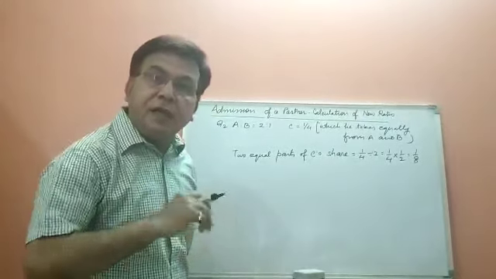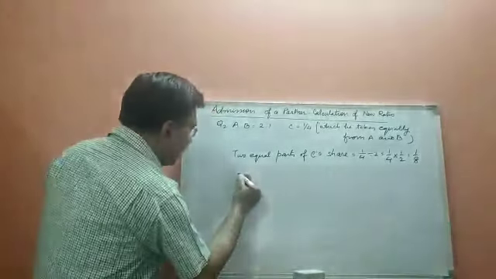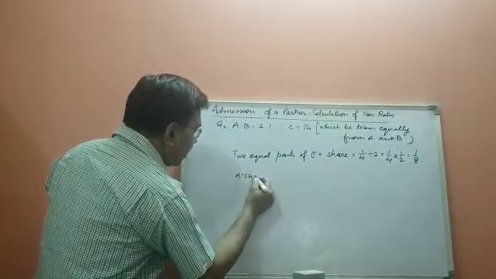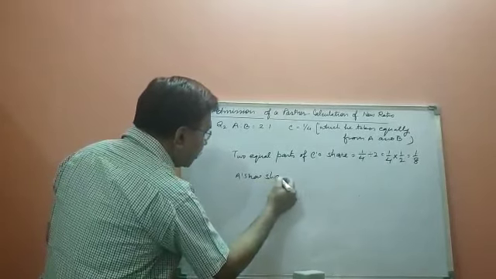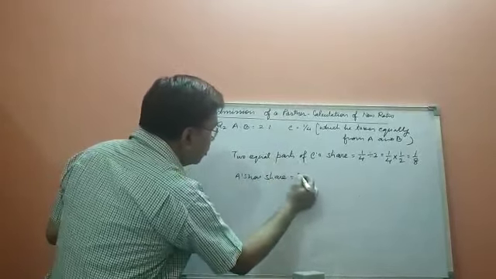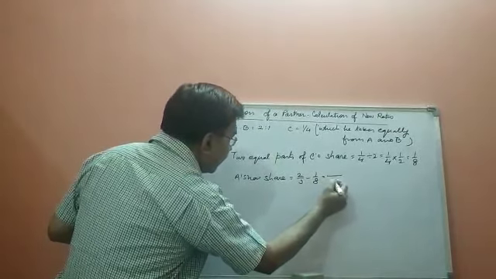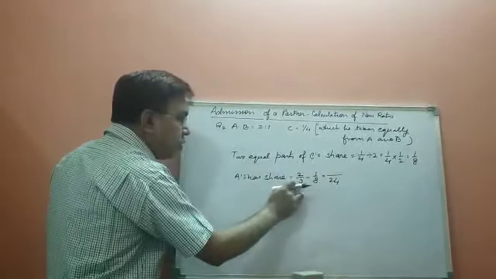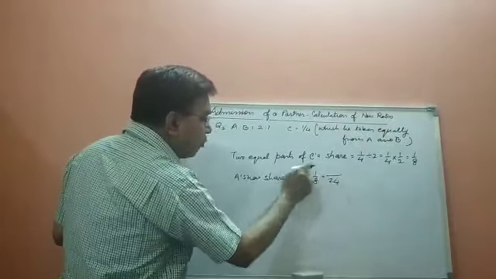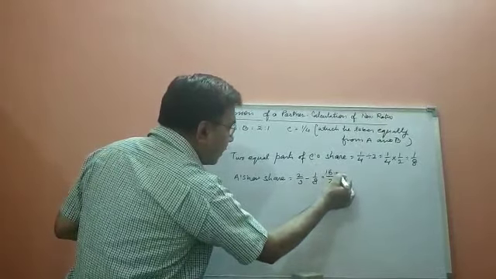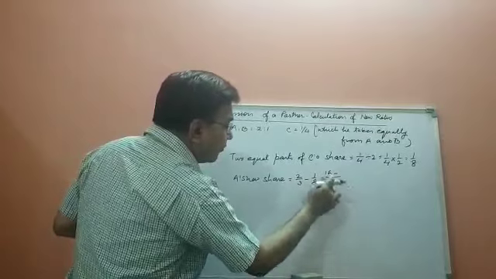Now what will be A's new share? A's new share is equal to 2/3 minus 1/8. LCM is 24. 3 8s are 24. 8 2s are 16. 8 3s are 24.